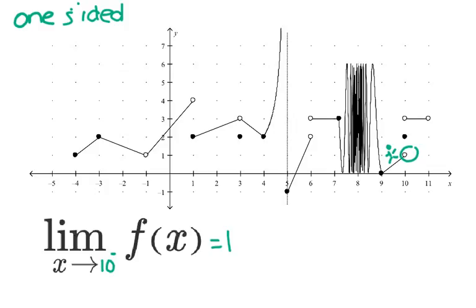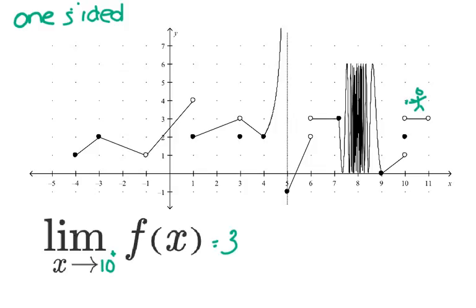Whereas if we change it to the right side, move the stick figure over here, when the stick figure is walking towards x equals 10, walking towards the left, the y value there looks like 3. Those are one-sided limits, limits where you come in from one side or the other.